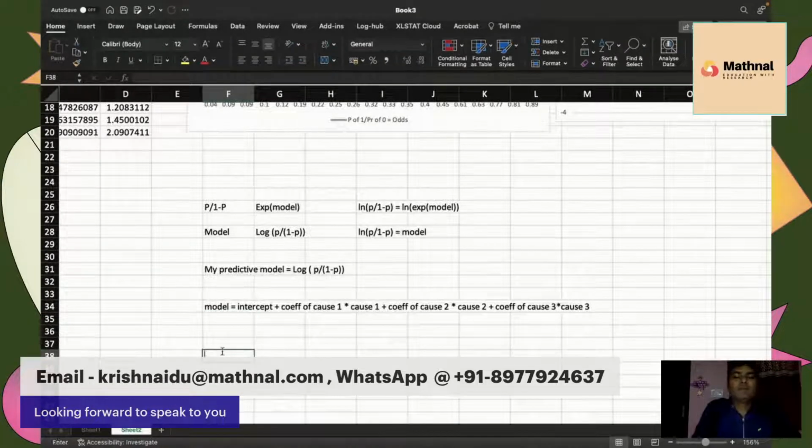If I put the exponential of this model, then P by 1 minus P is the exponential of this model. And log natural P by 1 minus P is simply the model.